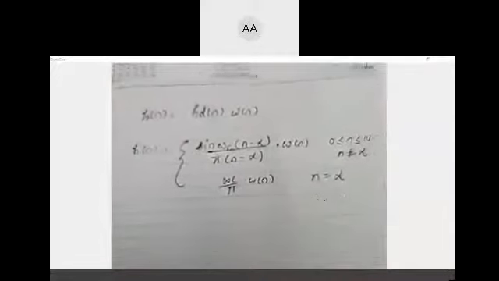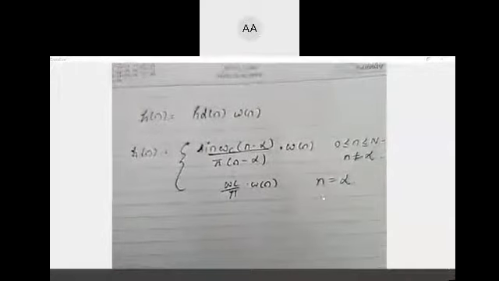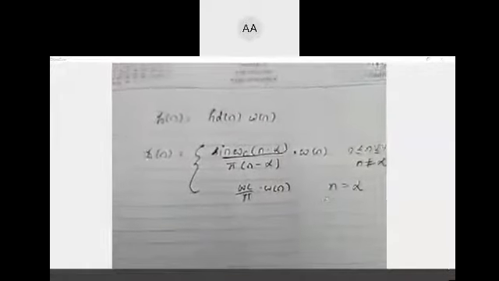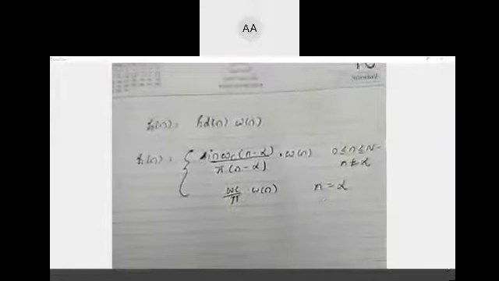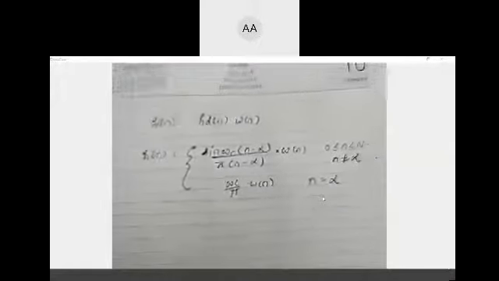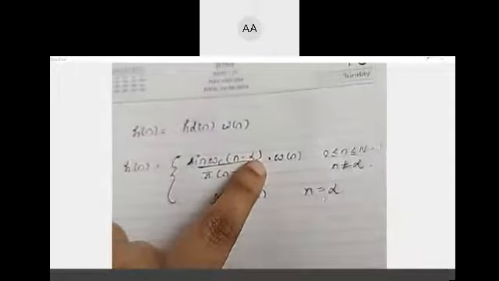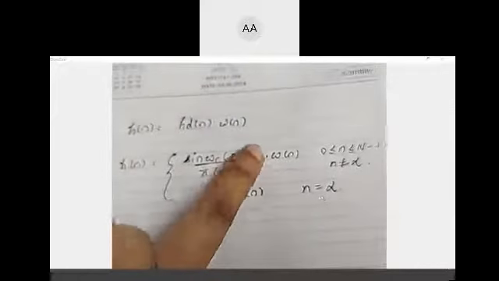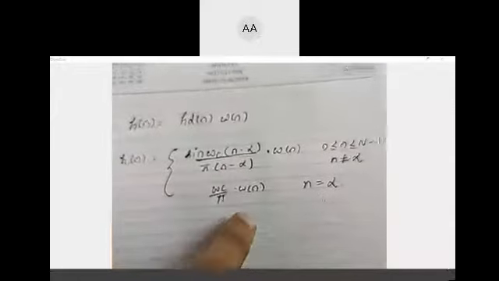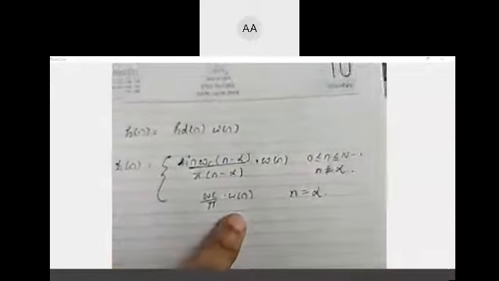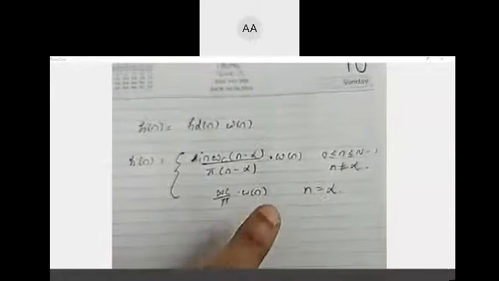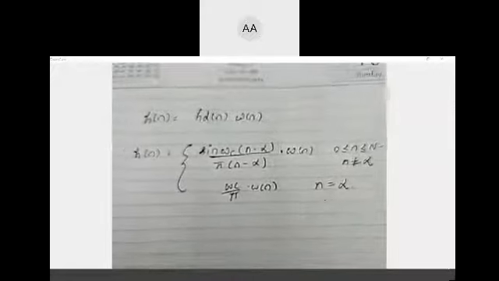Why should we truncate the impulse response to a finite duration? Because this is an FIR filter, a finite impulse response filter, and it is linear in nature. Because we want linearity in the phase, you can see n minus alpha, as your omega varies, you can see linear variation in alpha also if you look at the equation. So you are ensuring that the filter has linear phase. And how is that achieved?